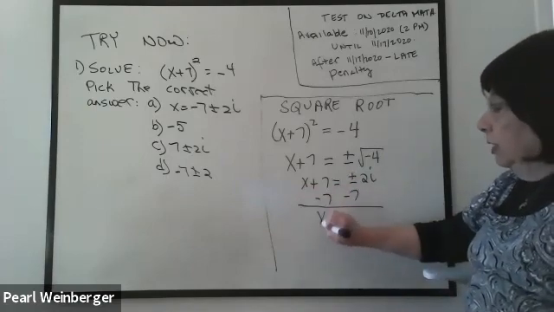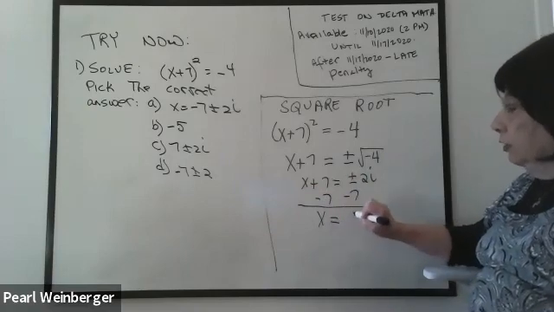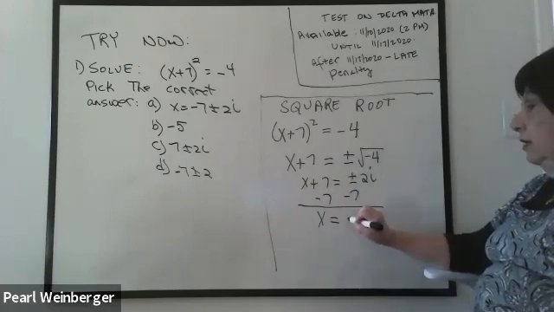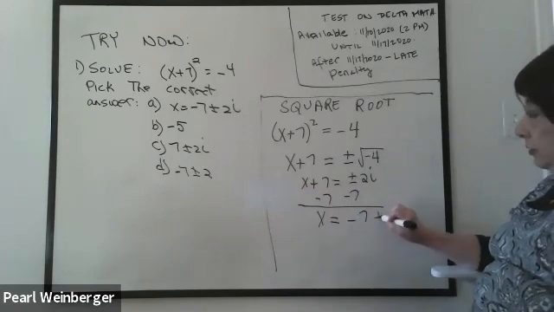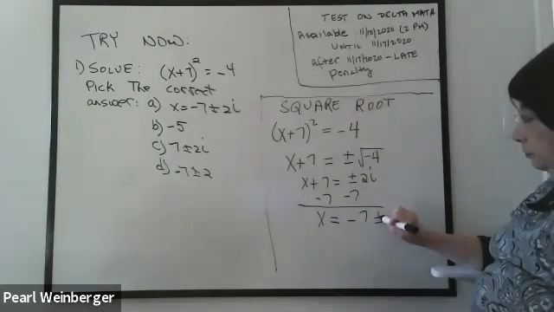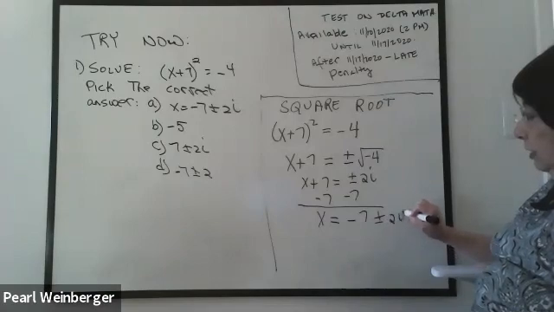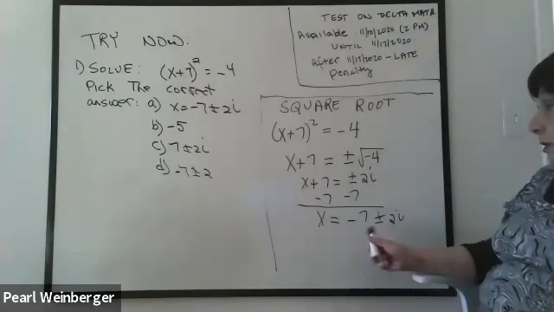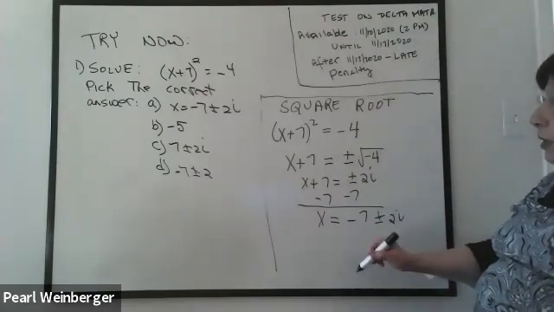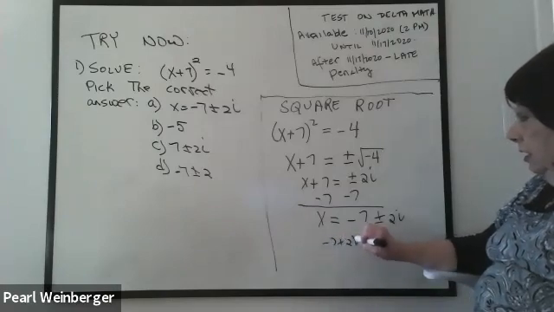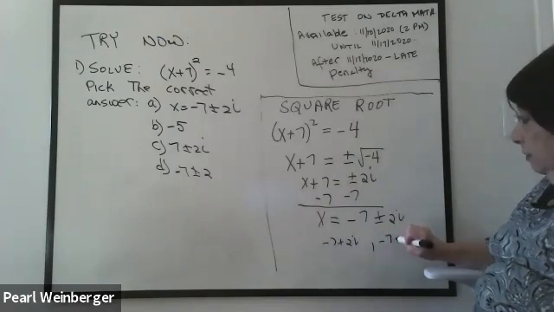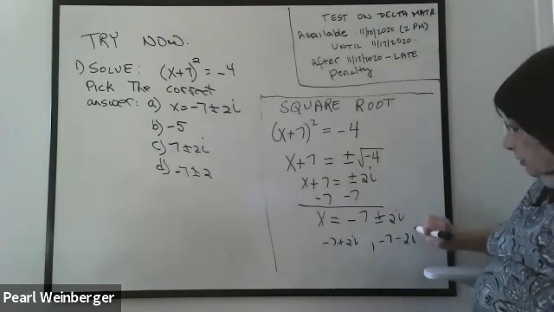Remember, what I put on the other side of the equation always, in this case, goes in front. So the -7 goes first, and then I have plus or minus 2i. And that really is two answers, -7 plus 2i and -7 minus 2i.